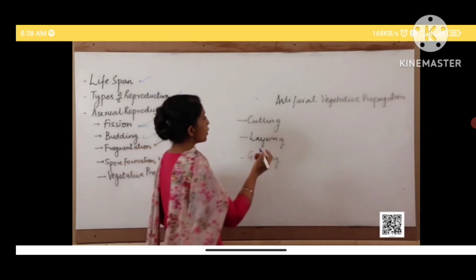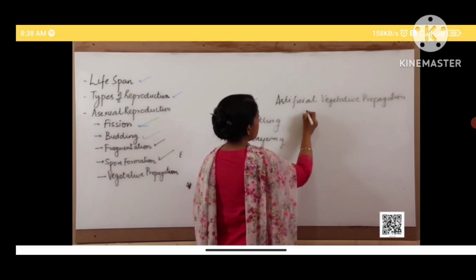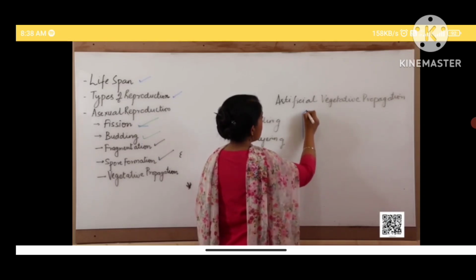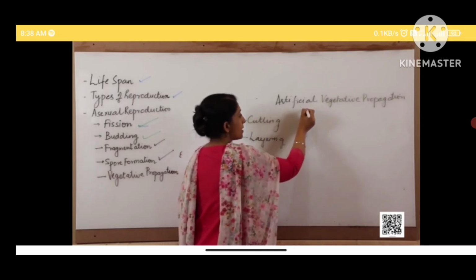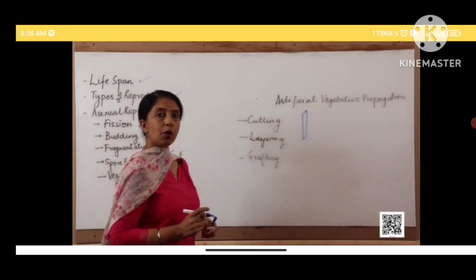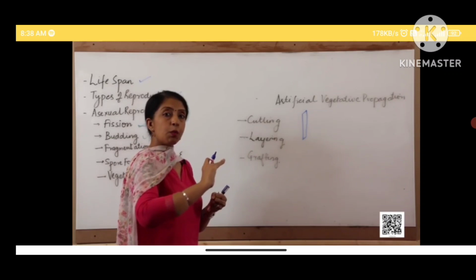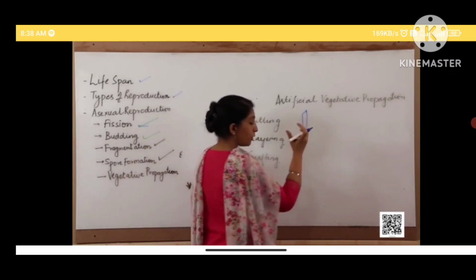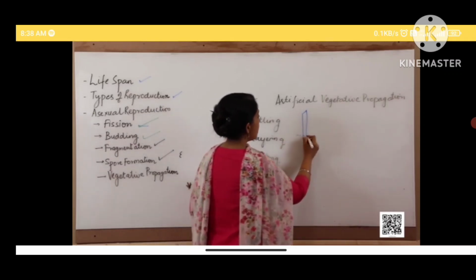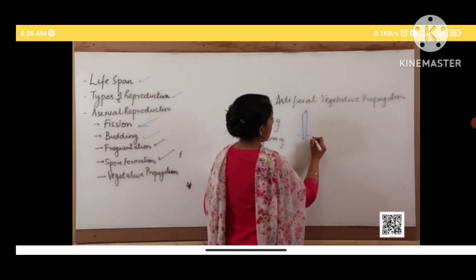That 20 to 30 centimeter stem is cut and an oblique cut is given on the stem to ensure that there is a maximum exposure of the tissue. One of its sides, one portion of the stem, is dipped in the root inducing hormones or the auxins.